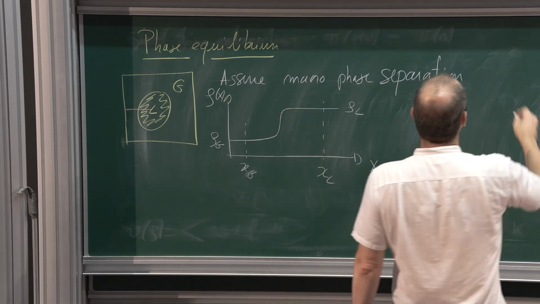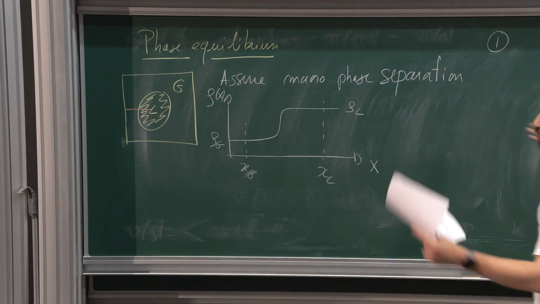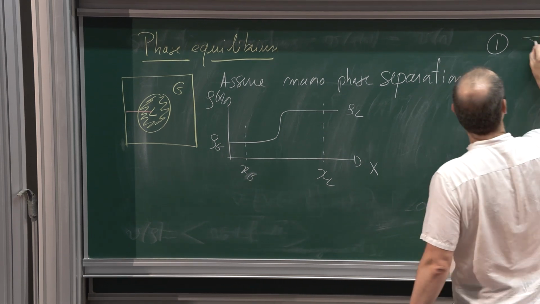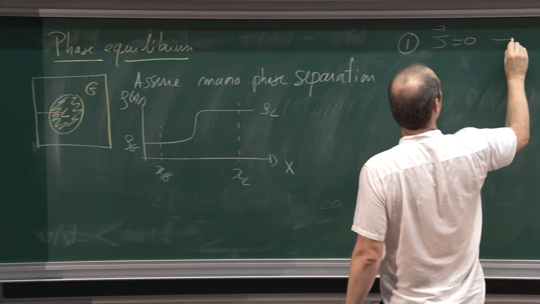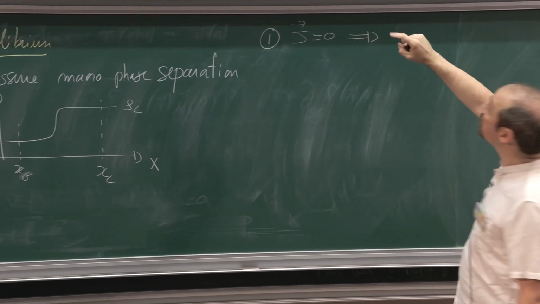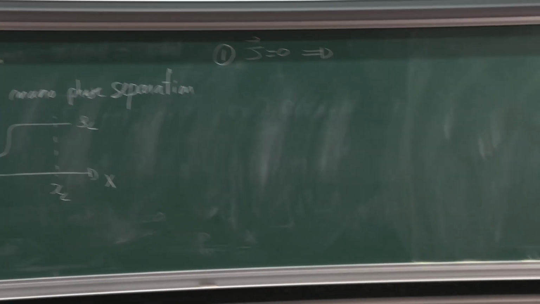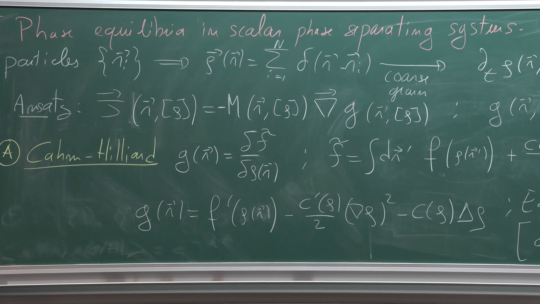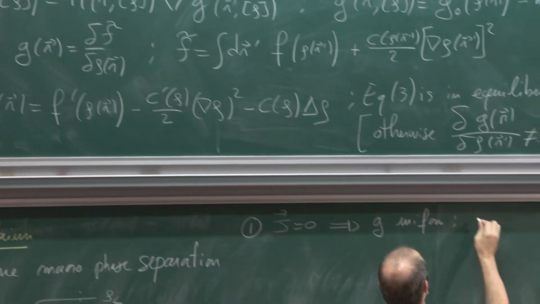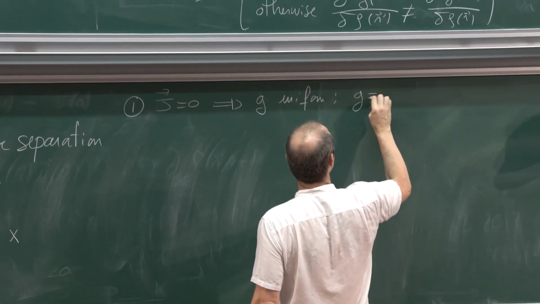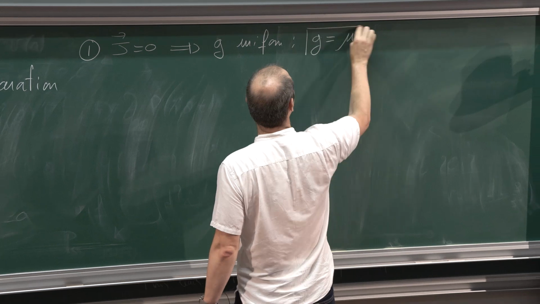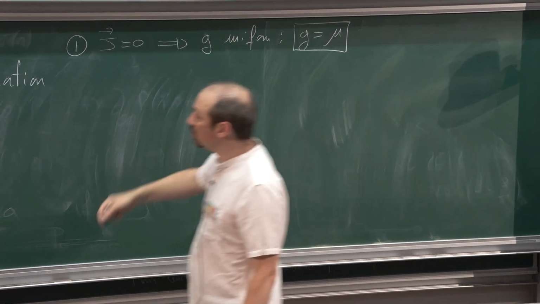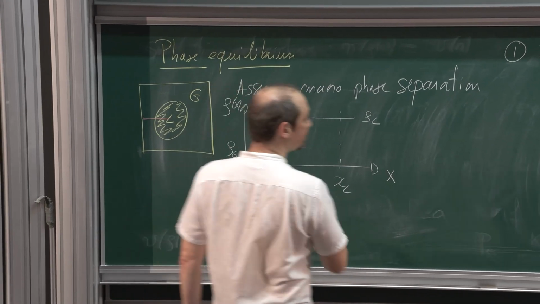So the first thing I will do is that if I have a system which is isotropic and there is no spontaneous breaking of symmetry, J is equal to 0. And because J is proportional to grad G, it means that G is uniform. And so I will call it G equal mu. Okay. And in particular, I can evaluate it at x gas and at x liquid.